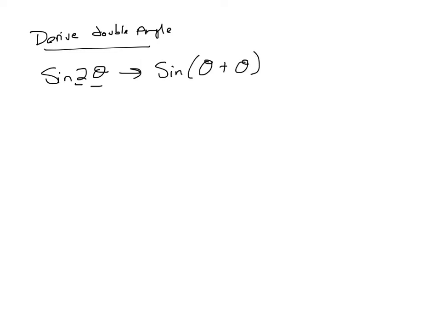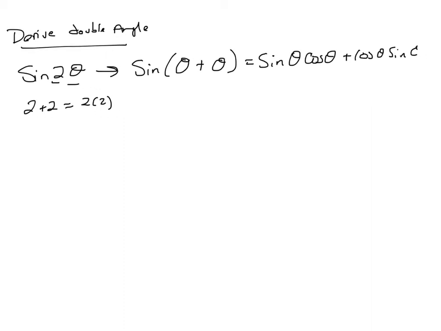Adding two numbers that are the same together is the same as doubling it, right? 2 plus 2 is the same as 2 times 2. Well, I have a formula for this. The formula is sine of the first one times cosine, this is what we did in the previous section, plus cosine of theta and sine of theta.